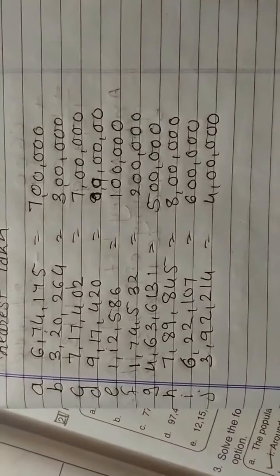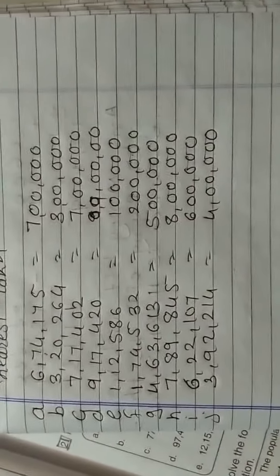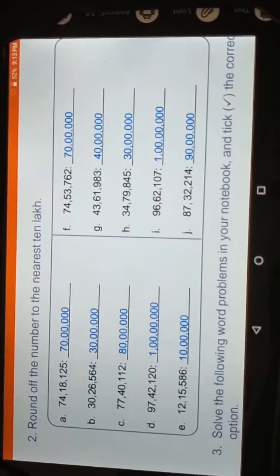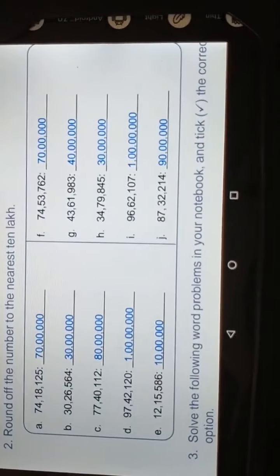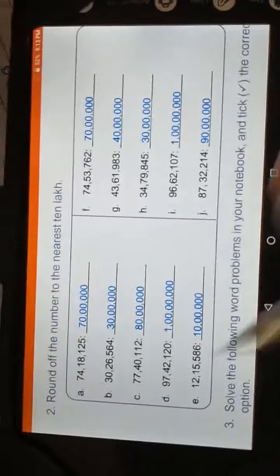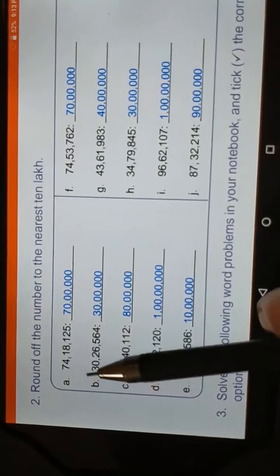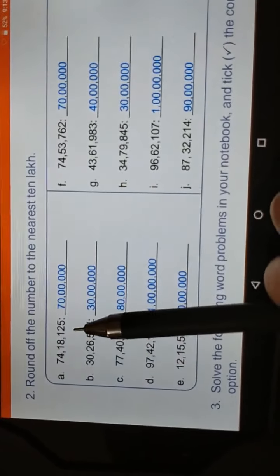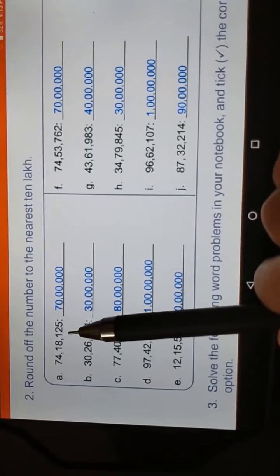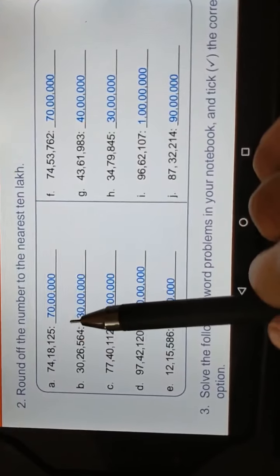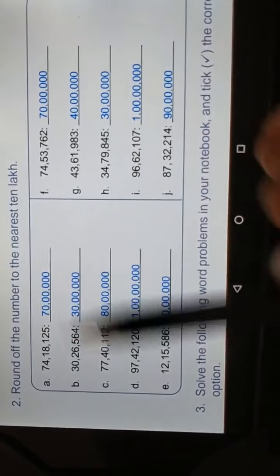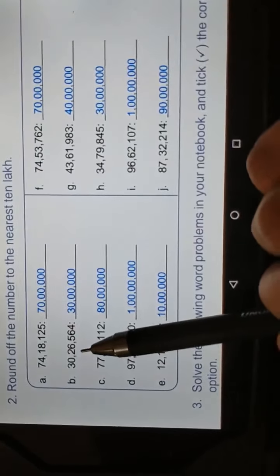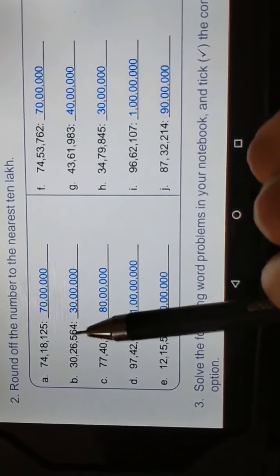Okay students, I hope your work is complete. Now we'll start the next portion. Next portion is round off the number to the nearest 10 lakhs. 74 lakhs 80,125 is there. So the answer is 17 lakhs. 13 lakhs 26,556 is there.